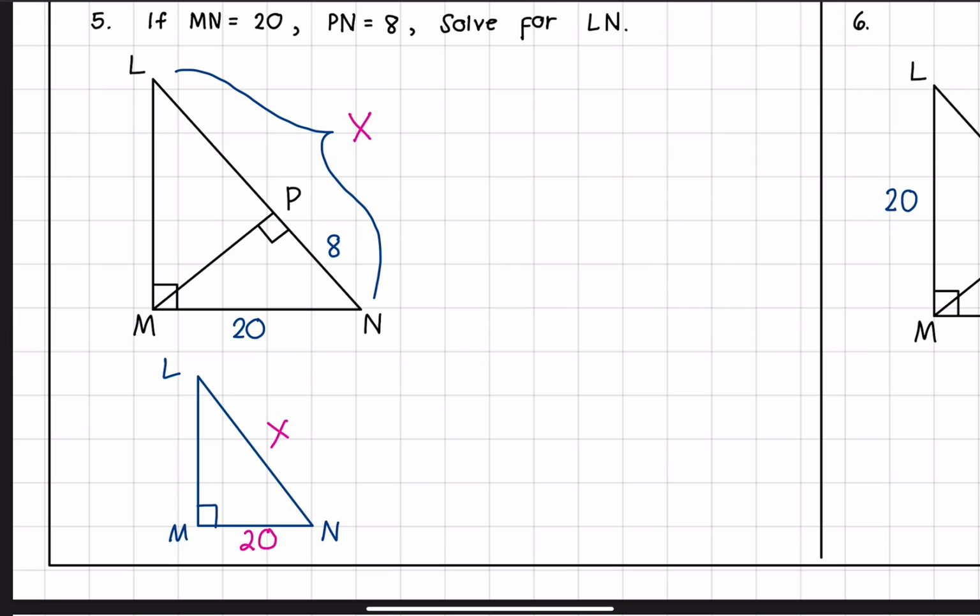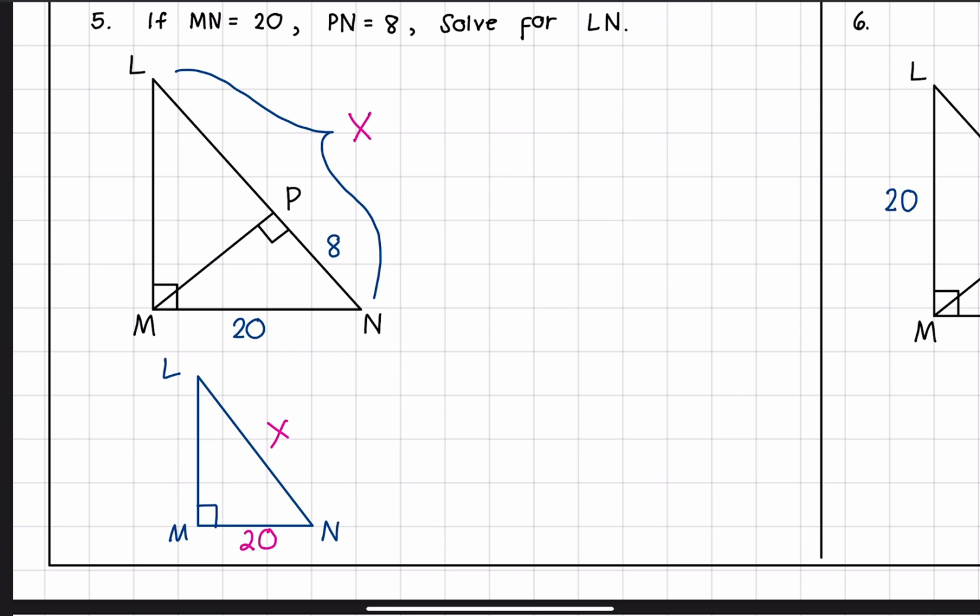Now we have to draw the second triangle. I'm going to use triangle MPN, just because the numbers here are already present. I cannot use triangle LPM because there's no number involved here, okay?